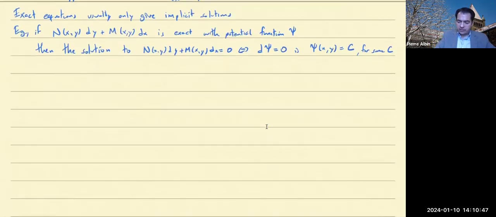Okay, so let's work out an example. Suppose we want to solve 1 over y dx minus x over y squared dy equal to 0. Right? So first thing we ask is this exact?